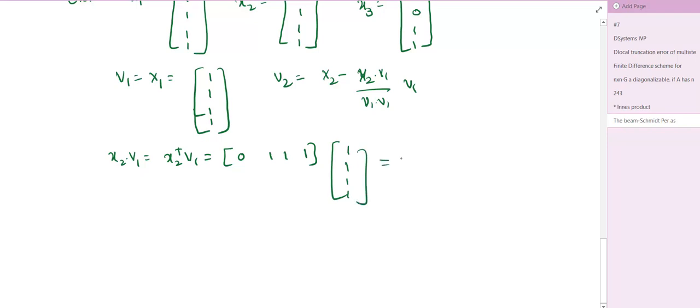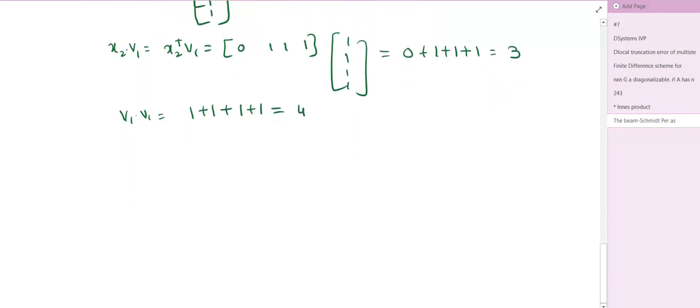This is 0 plus 1 plus 1 plus 1, that is 3. We also want v1 dot v1, which is 1 plus 1 plus 1 plus 1, equal to 4.